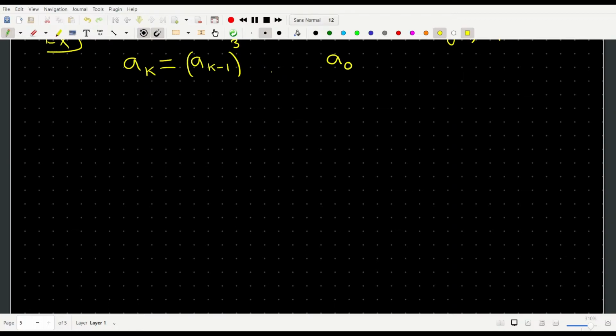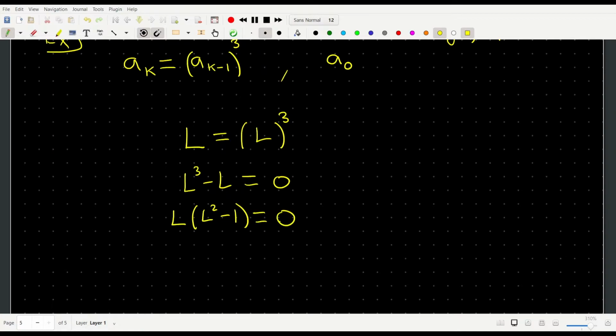And we know that from before, if the limit of a_k exists, then the limit of the sequence a_k is going to be L, and the limit of the sequence a_{k-1} is also going to be L. So the limit should satisfy L equals L cubed, which I can rewrite as L cubed minus L is equal to 0, or L times (L squared minus 1) is equal to 0.